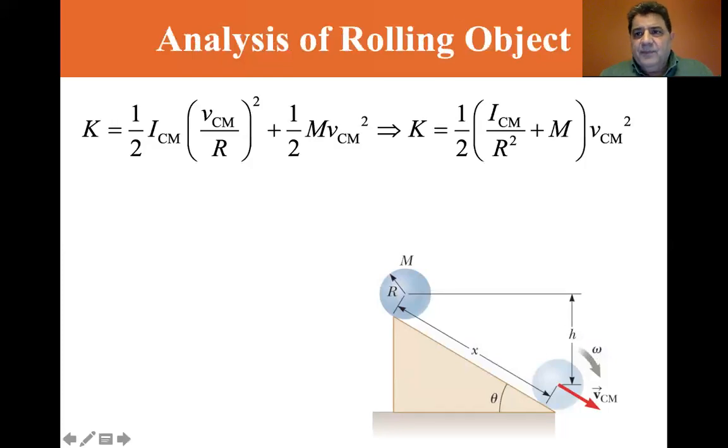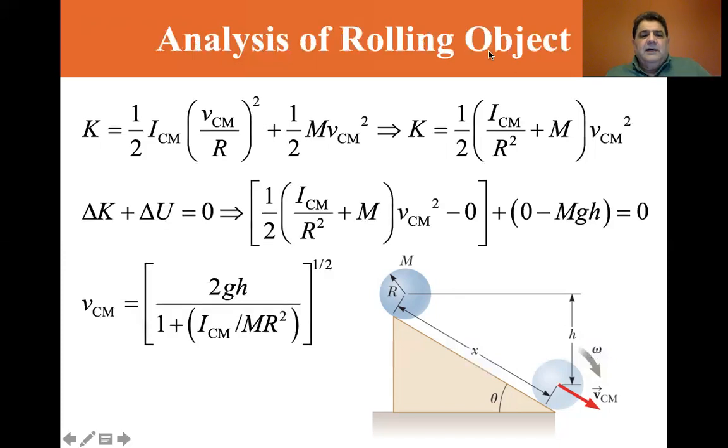All right, let's analyze this rolling object going down a hill. You have the kinetic energy is equal to the sum of the rotational kinetic energy and the translational kinetic energy. And we're going to pull out the v². So it's 1/2 (I_cm/R² + M).